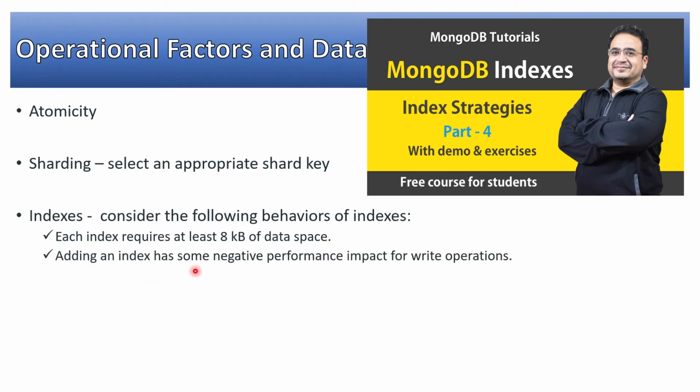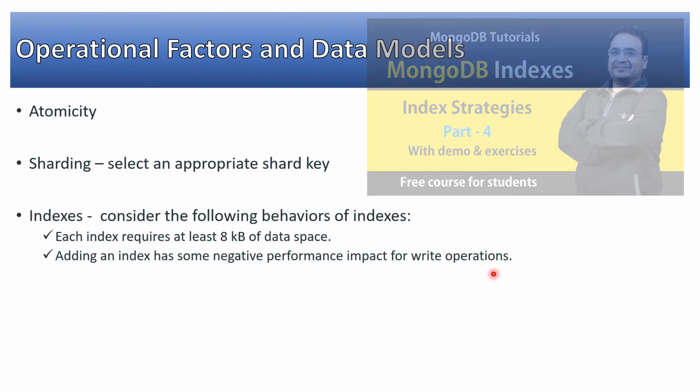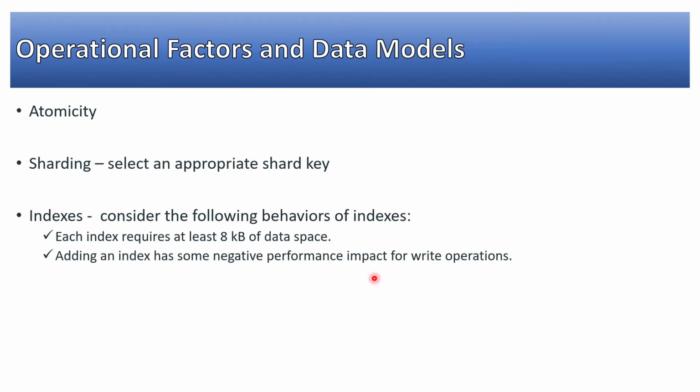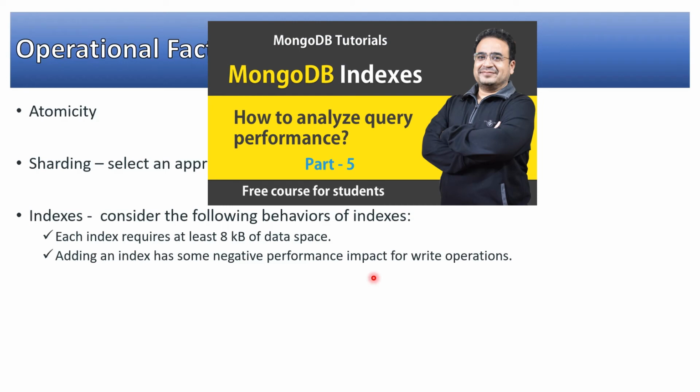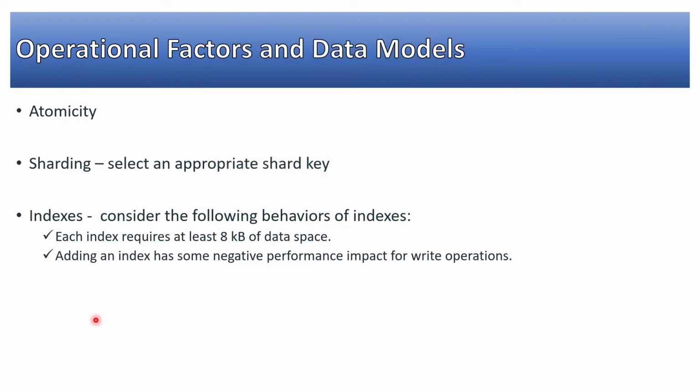Adding an index has some negative performance impact for write operations. Why? Because for each write operation, the index also has to be updated. The corresponding entry has to be made in the index, and when we update, the index might also have to be updated in case that index involves the value which is being updated.